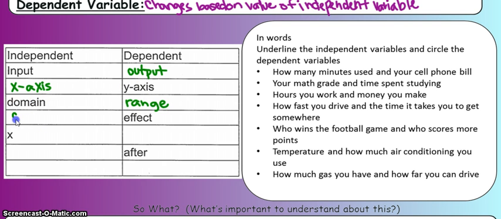Another thing is cause and effect. Cause and effect. Usually our independent variable is going to be x, and then our dependent is going to be y. And then if our dependent is after, something that affects the after is the before.